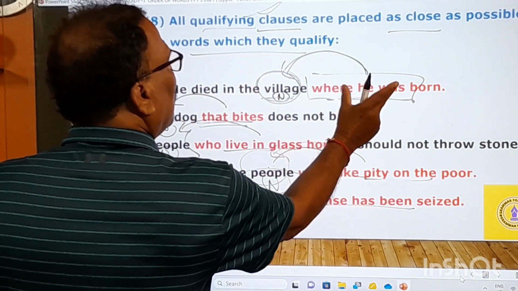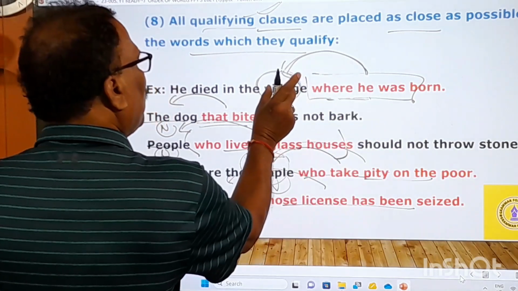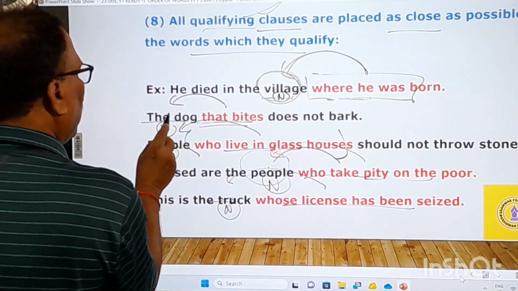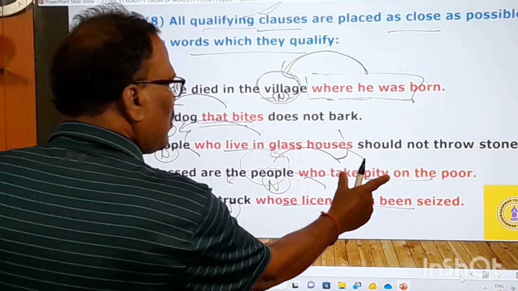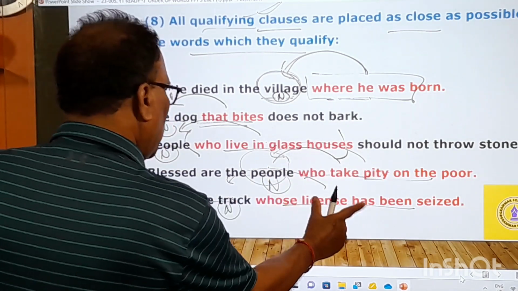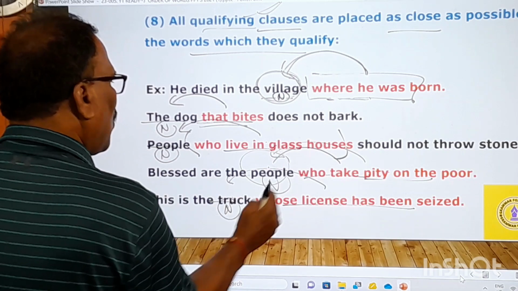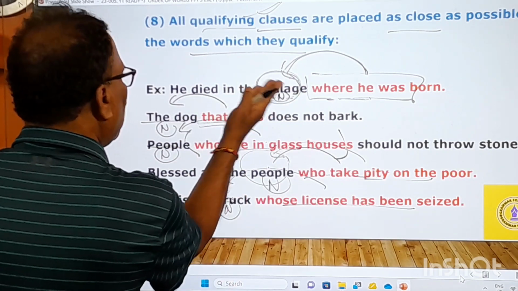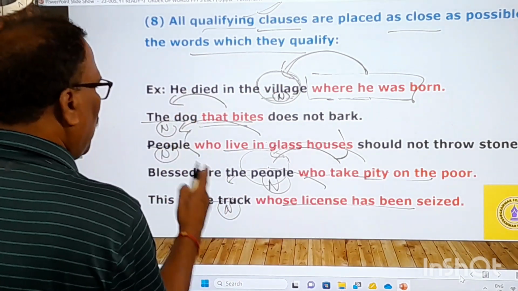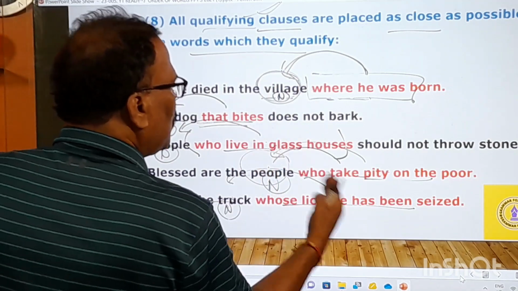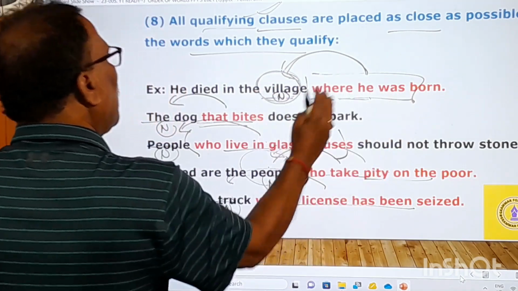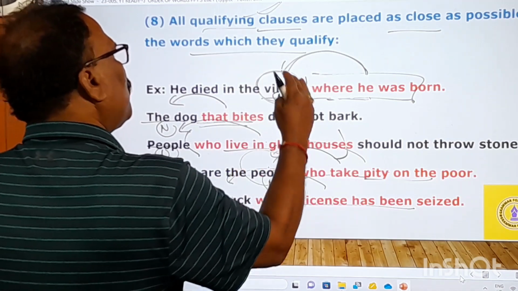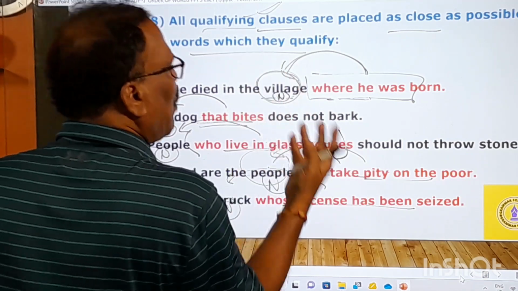This clause is qualifying this village, this clause this people, this clause this truck. These are all nouns. Village is a noun, dog is a noun, people is a noun, truck is a noun. So these red colored clauses are placed as near as possible to the words they qualify.